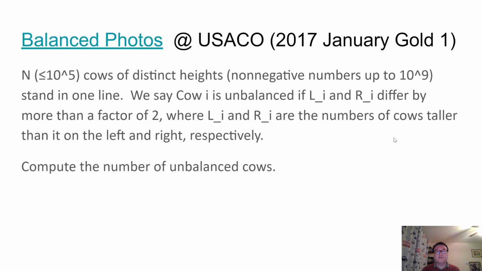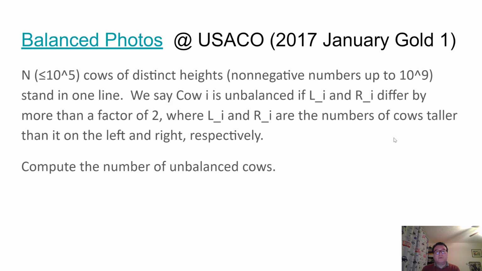Basically, for each cow, we can check whether it's balanced or not if we can compute this Li and Ri efficiently. Li is essentially the left side, and we want the taller ones. So this will be the second quadrant, right? The x is less than 0 if the current point is the origin, and y is greater than 0.